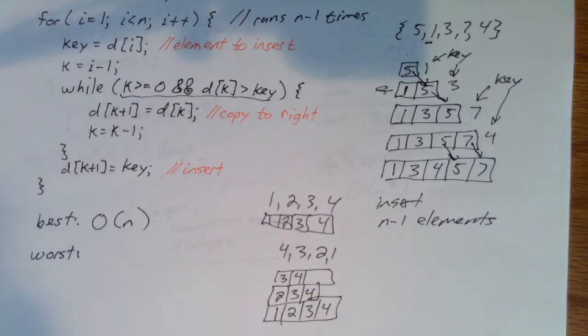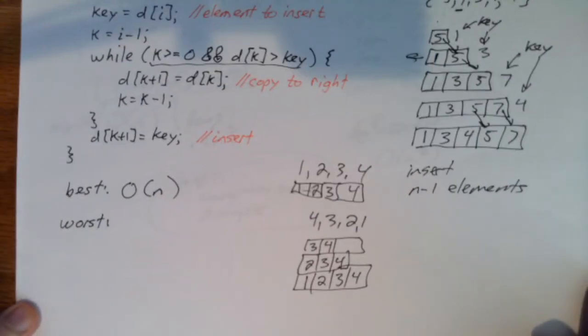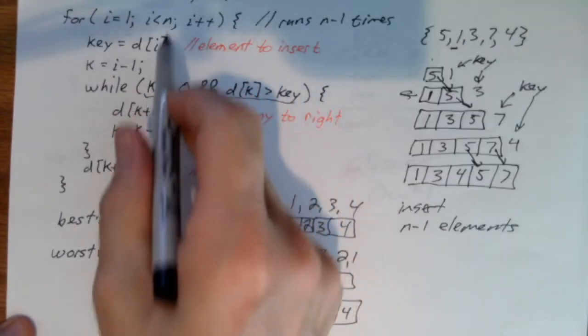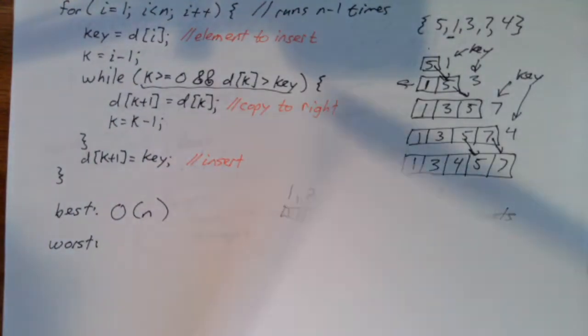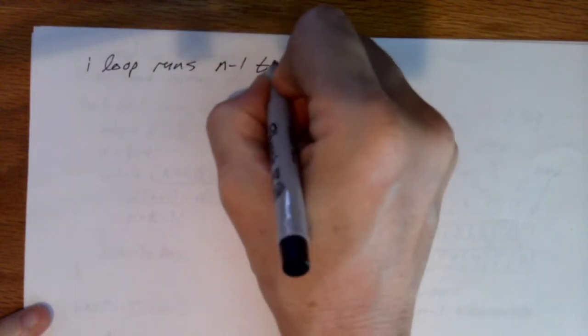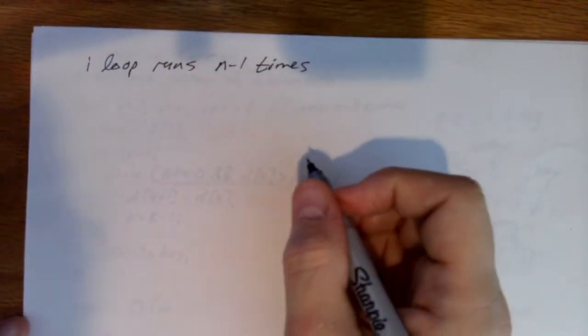So what just happened there? Let's think about it. The I loop still has to insert the, let's write it here. So I loop runs n minus 1 times. Okay.